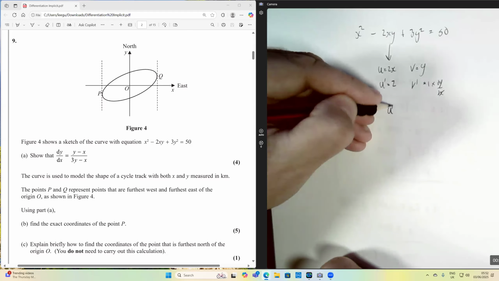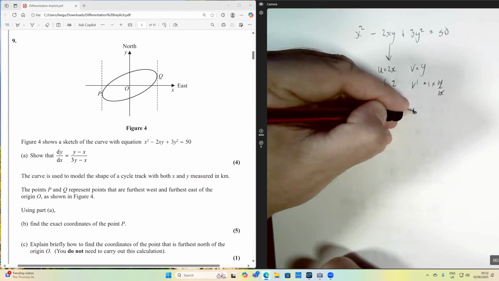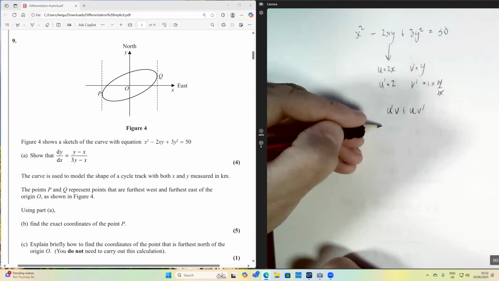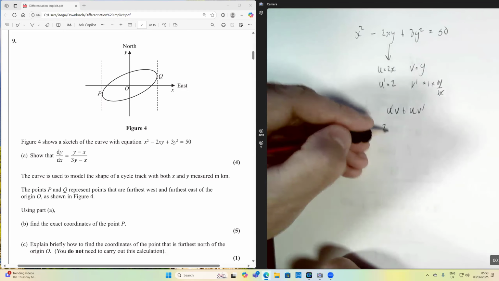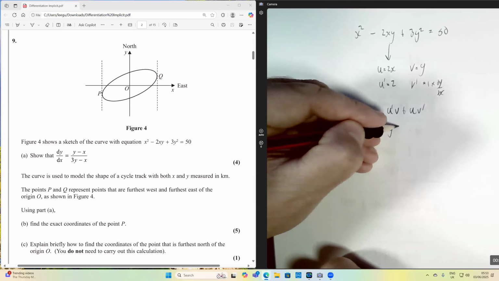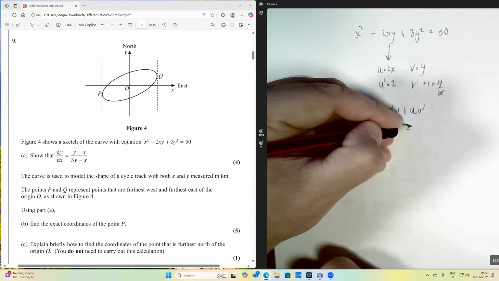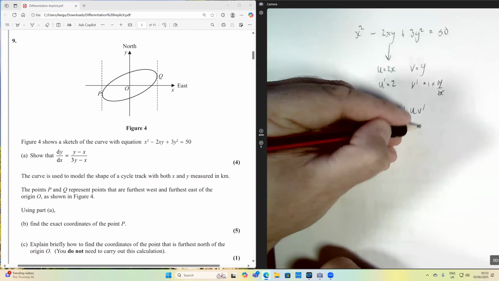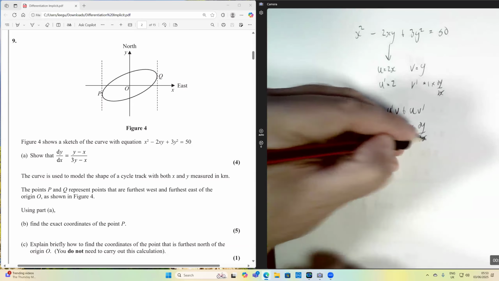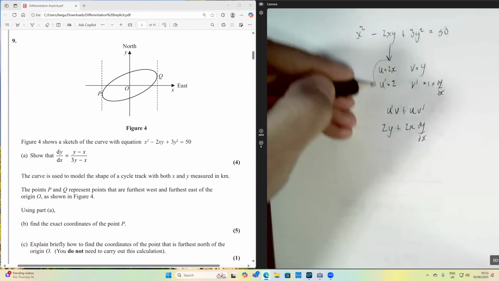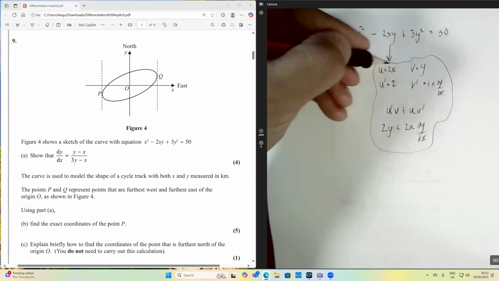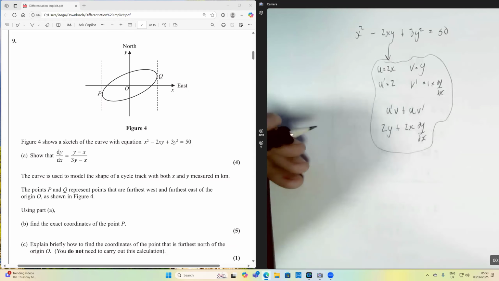So if I write down my formula, u dashed v plus u v dashed: my u dashed is 2, my v is y, plus u, which is 2x, and my v dashed is dy by dx. So that's what I get when I do my product rule to differentiate the xy.